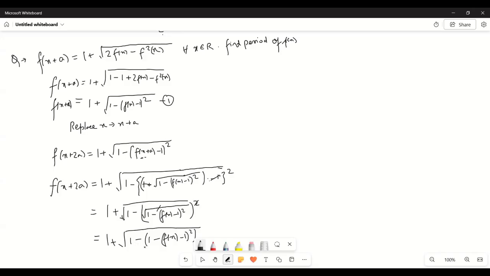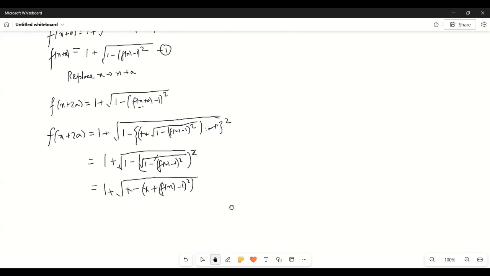ठीक है। अब जब ये ब्रैकेट खुलेगा तो ये 1 और ये 1 कैंसिल हो जाएगा और माइनस माइनस से ये प्लस हो गया। I hope everyone is able to follow the signs.